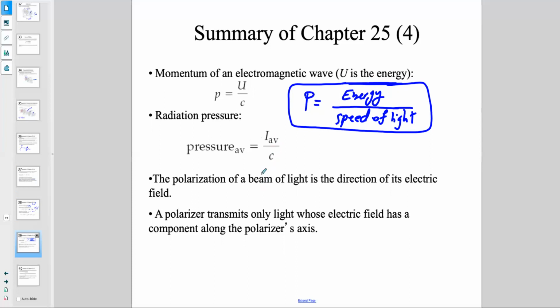The polarization of a beam of light is in the direction of the electric field. Whatever the direction of the electric field is, that's the direction of the polarization, for example, here. A polarizer transmits only light whose electric field has a component along the polarizer axis.